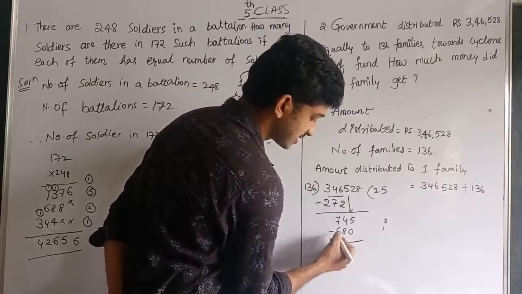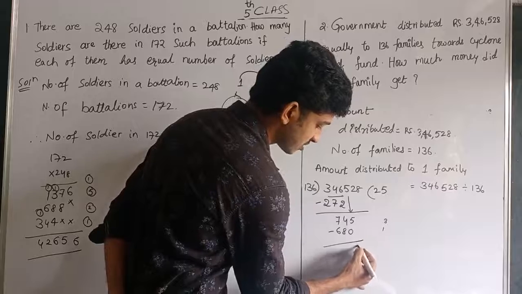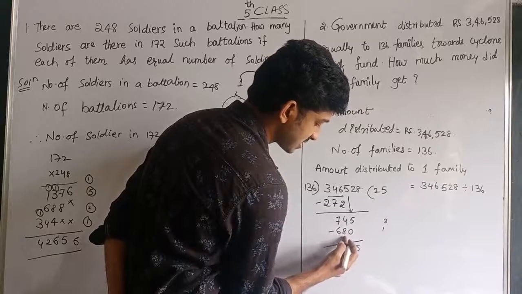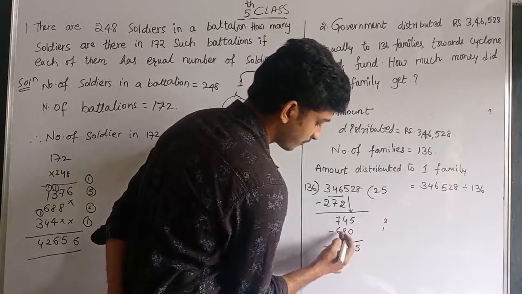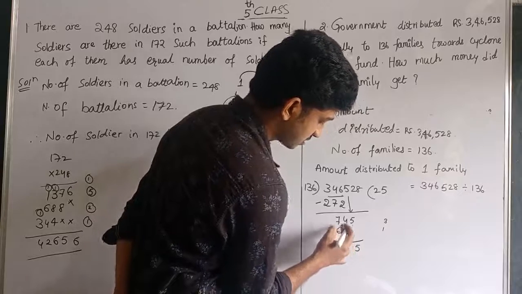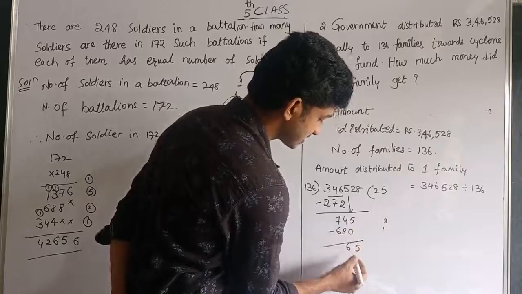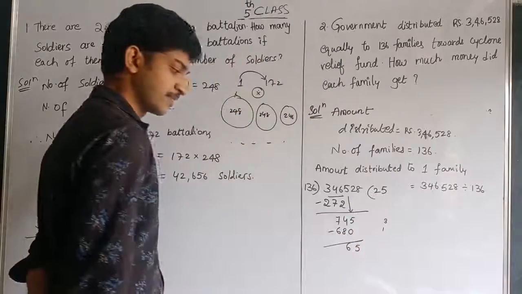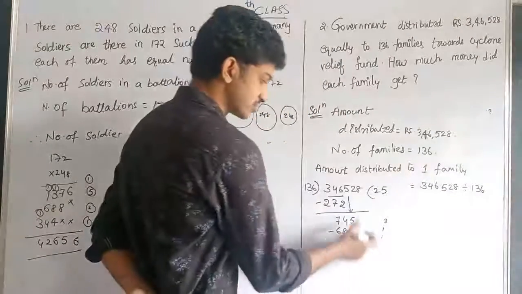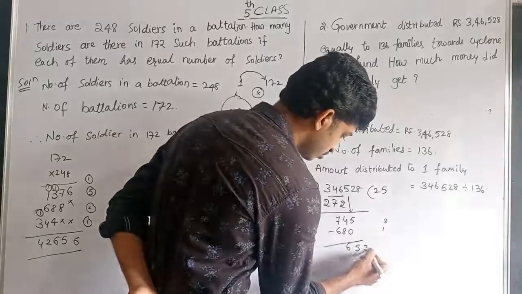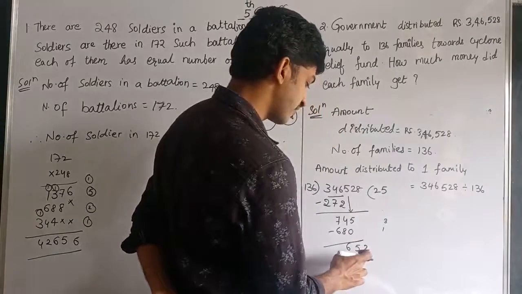Okay, 680. Subtract: 5 minus 0, 5. 74 minus 68, we have 6, and 14 minus 8 equal to 6. 65.